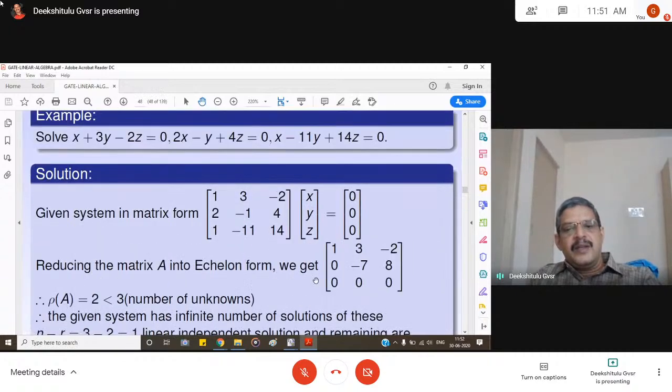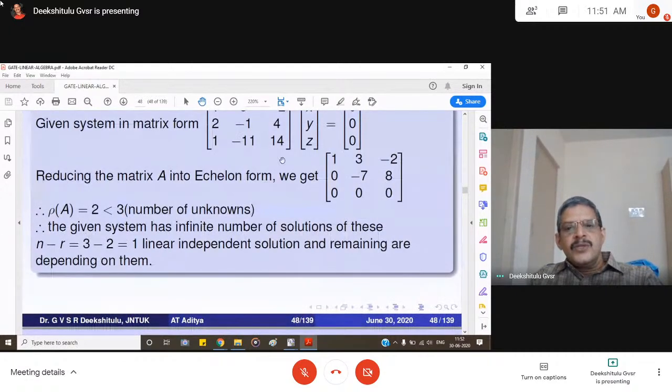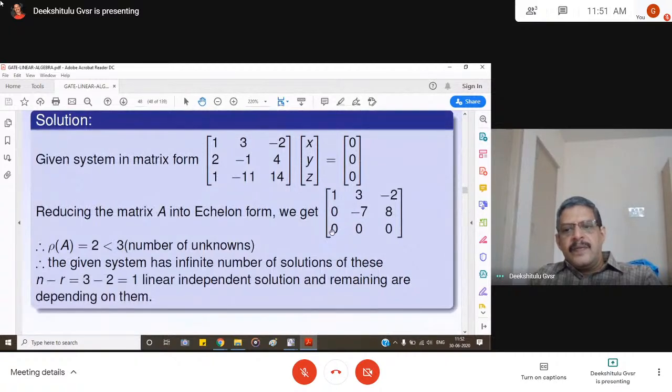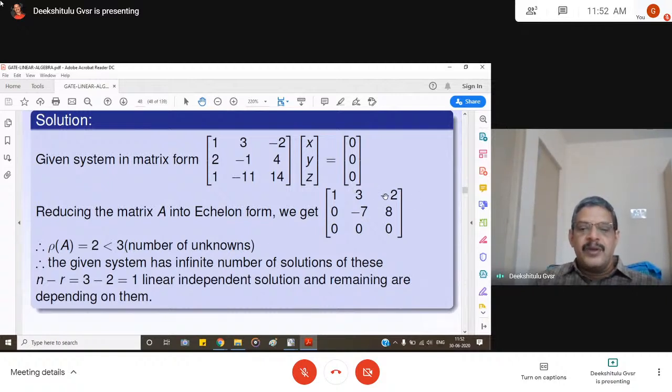So from this, if you write the equations, you get two equations in three variables. We know that to solve three variables we need three equations. It's not so here. For three variables we have only two equations. That means we have to reduce the number of variables.